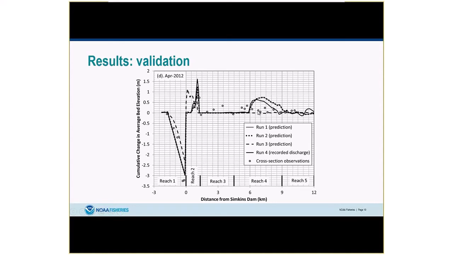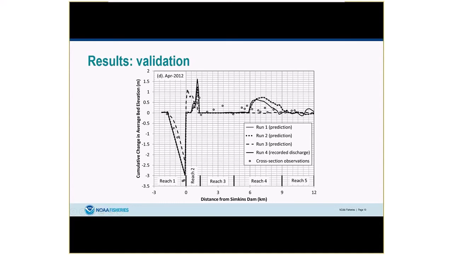Run 3, the dry prediction, is still behind. It shows everything still hung up behind Bloaty, which isn't true. Erosion behind Simkins for every run but Run 3 is still too great at this time. Thus, deposition behind Bloaty is also too great.